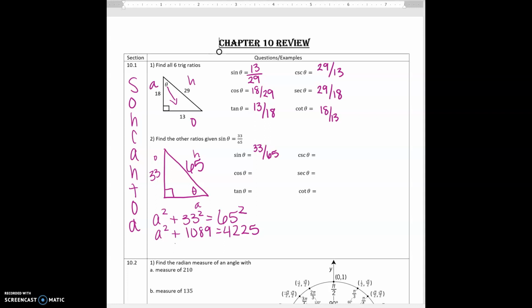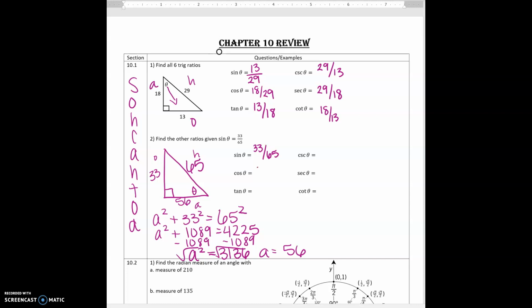Anyways, moving on. Subtract 1089 on both sides. And we get a squared equals 3136. Square root both sides, and a equals 56. So this side right here is 56.